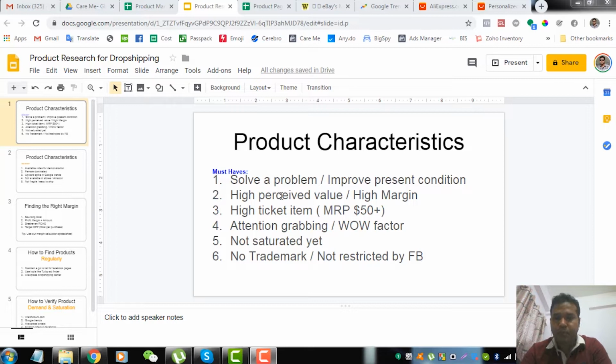What I mean is, high perceived value is when somebody looks at the solution, in this case the nursing pillow, and doesn't know the price of this product. When you sell common products like shoes or a dress, they have a set parameter for the price.